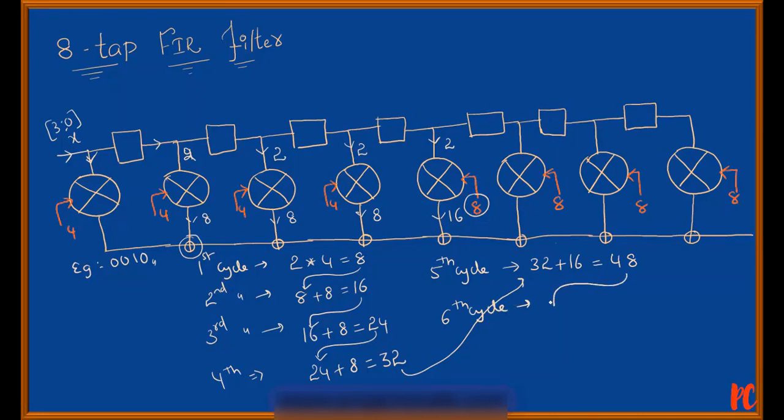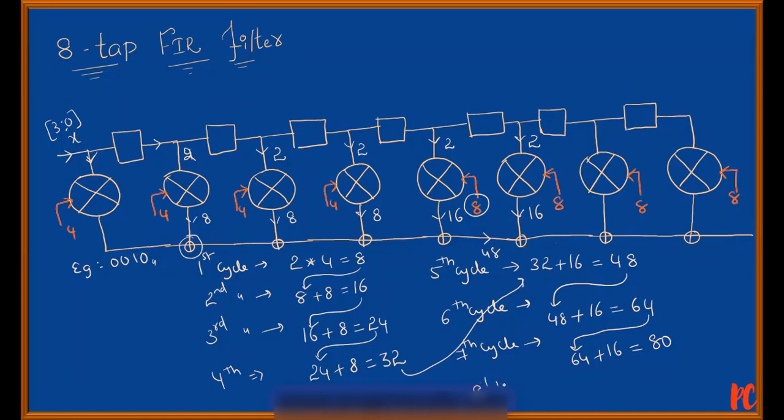Similarly, for the sixth cycle, this input comes across and produces output 16, and here we have 48. So this 48 is added with 16, which leads to 64. For the seventh clock cycle, this 64 is again added with 16, which gives 80.